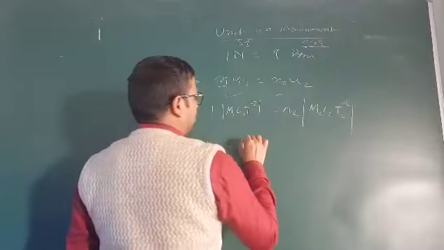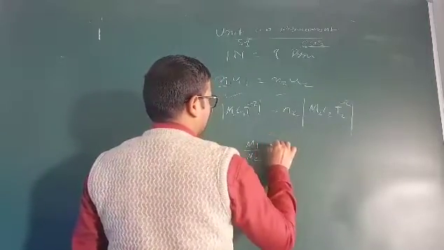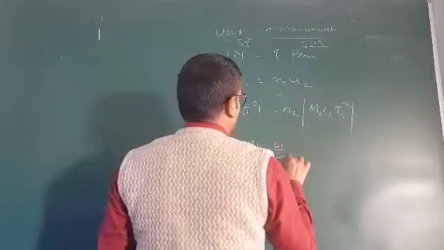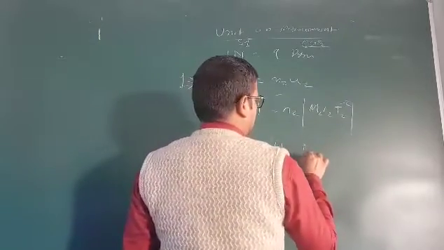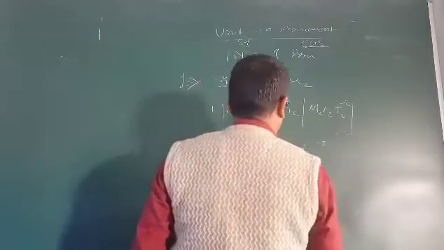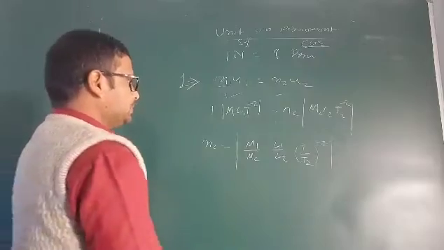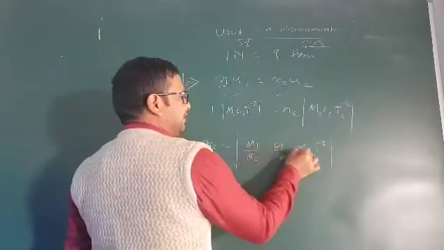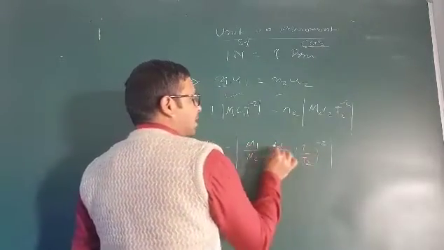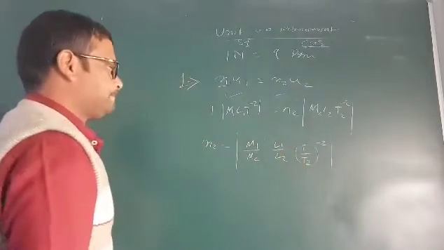So n2 is equal to n1 into (M1 upon M2)(L1 upon L2)(T1 upon T2) to the power minus 2. Here 1 is in SI unit, 2 is in CGS unit.